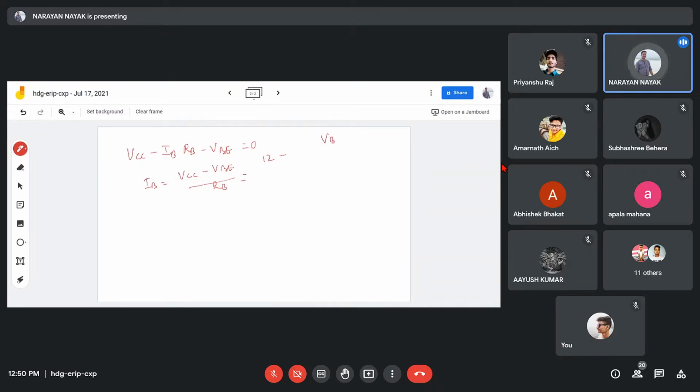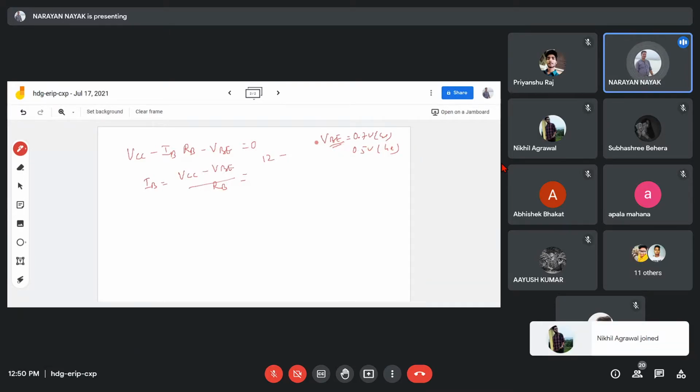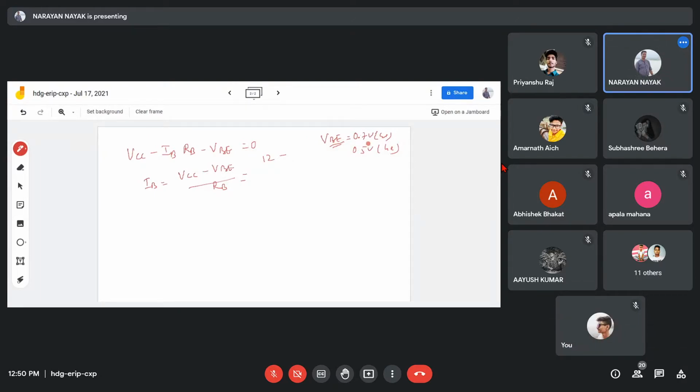Remember, if the base emitter voltage is not mentioned, always take 0.7 volt, because it is 0.7 volt for silicon and 0.5 volt for germanium. If silicon is mentioned, or if it is not mentioned, directly write 0.7 volt. If it is a germanium transistor, you have to consider 0.5 volt.